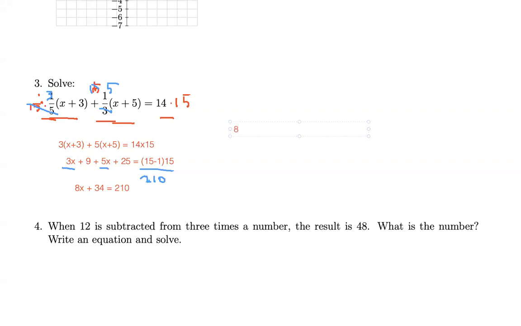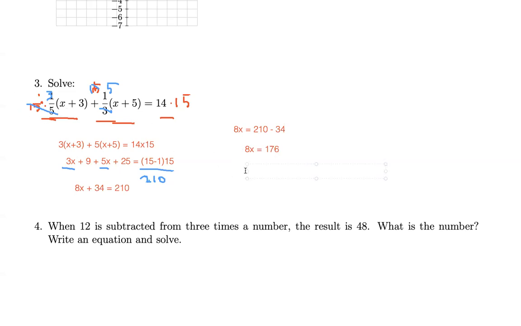Then we get 8x equals 210 minus 34. So 8x equals 210 minus 34. 10 minus 34 gives negative 24. Then 200 minus 24 is 176.